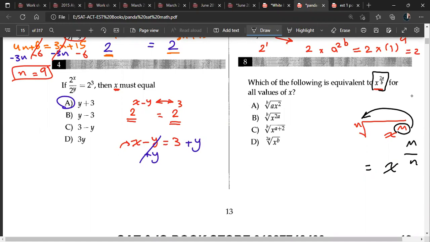You have a rational exponent, and you convert it to a radical expression. The numerator 2a is the power of x, and the index will be the denominator b. This is your answer: b root of x power 2a, and the answer will be b.